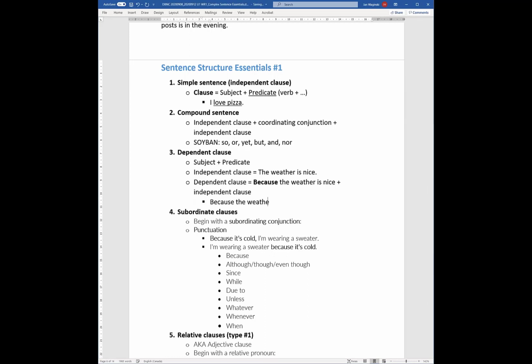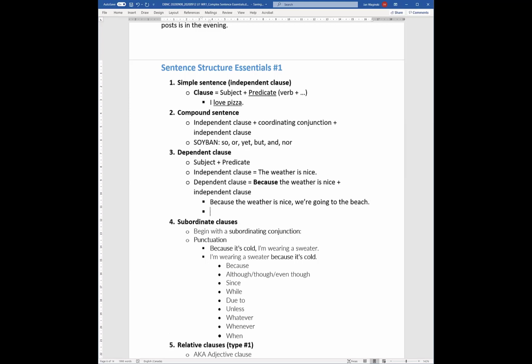Because the weather is nice, we're going to the beach. Or you can do, we're going to the beach because the weather is nice. No difference. It's completely your choice. There are stylistic reasons for putting the dependent clause first or second.